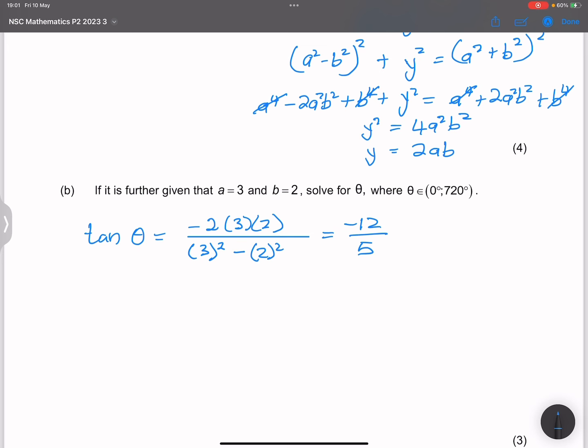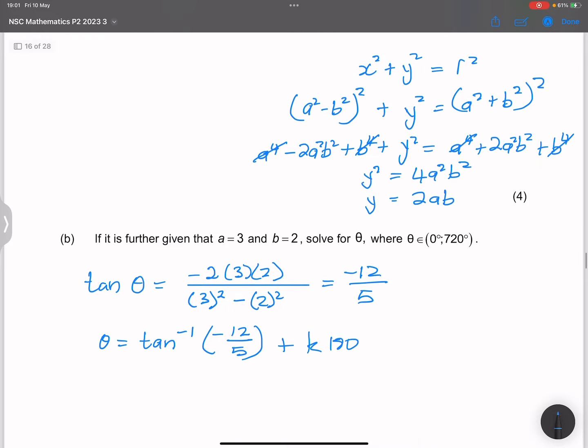Now they said we should get the value of theta. So theta would be the arctan of negative 12 over 5. Remember that's in the fourth quadrant, and we know definitely tan should be negative there. Now remember, this is plus k times 180. So let's find that angle.